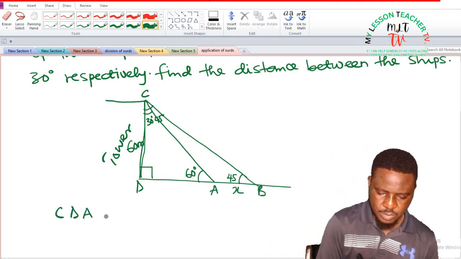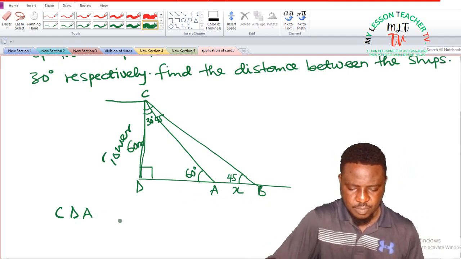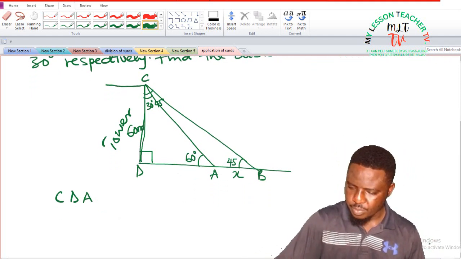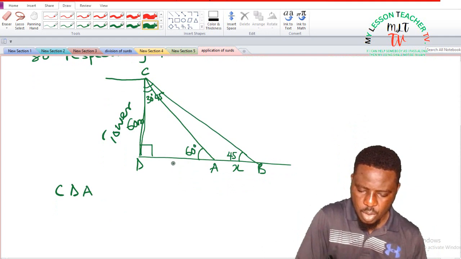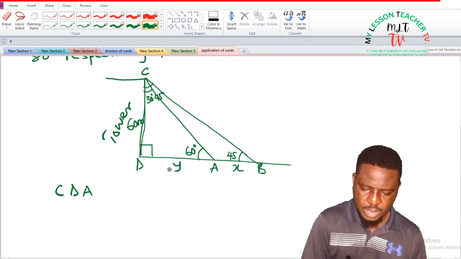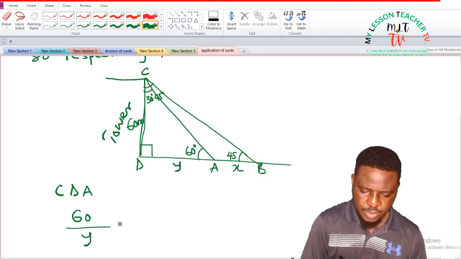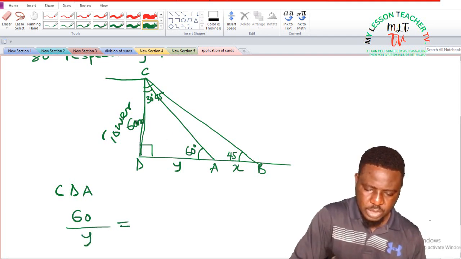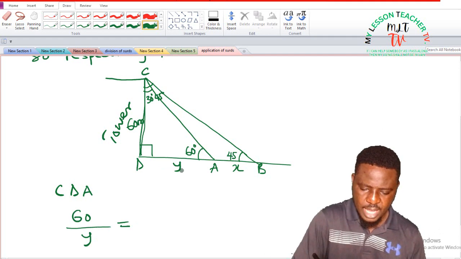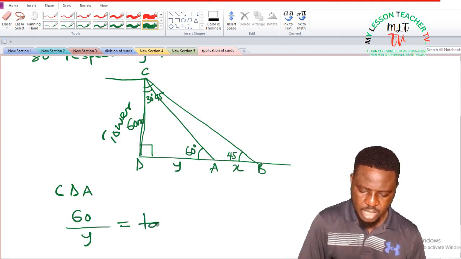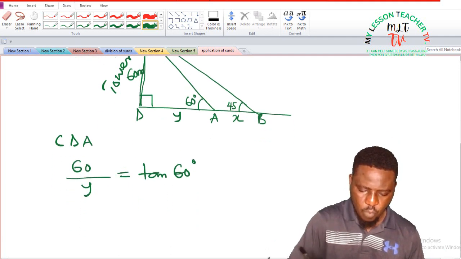Considering triangle CDA, we have it that, let me call this Y. We have it that 60 divided by Y is said to be equal to, this is opposite over adjacent, is said to be tan 60 degrees.